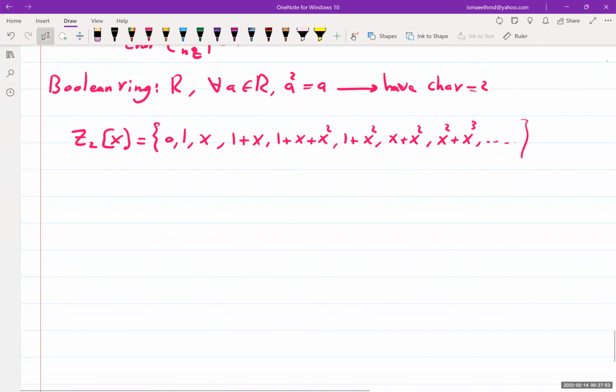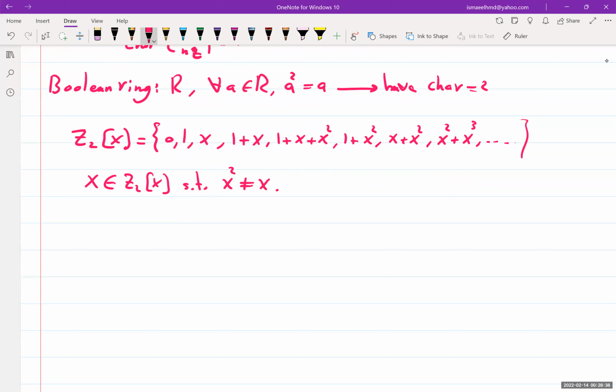Of course this ring has characteristic 2 because it depends on Z2, which has characteristic 2, but we have x as an element in Z2[x] such that x squared is not equal to x. So this ring has characteristic 2, but it is not a Boolean ring.